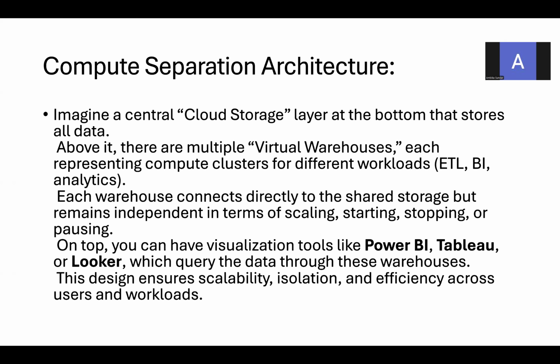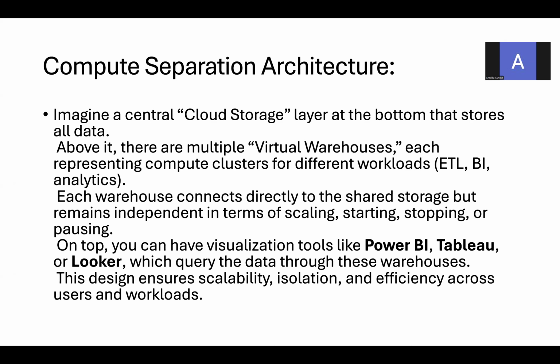Compute separation architecture. Imagine a central cloud storage layer at the bottom that stores all the data. So the cloud storage layer is the bottom layer of the Snowflake data warehouse. It stores all the data. Above it, there are multiple virtual warehouses, each representing compute clusters. So each warehouse is a compute cluster for different workloads: ETL, BI, and analytics.